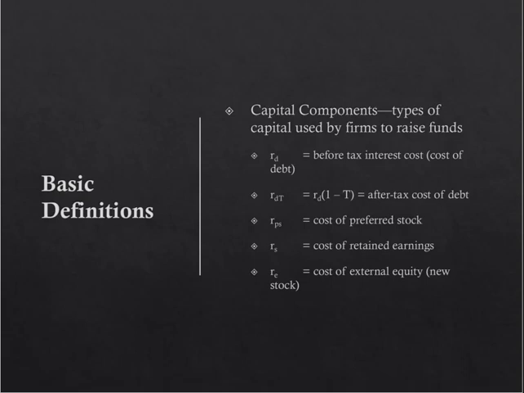While dividend payments aren't tax deductible, interest is, so there's an attraction for firms to use debt as opposed to equity. Then there's the cost of preferred stock, return on preferred stock, return on S, retained earnings, and return on E, which is external equity. Essentially, the cost of going out to market to get additional primary equity, or additional equity from investors that aren't trading in the stock.